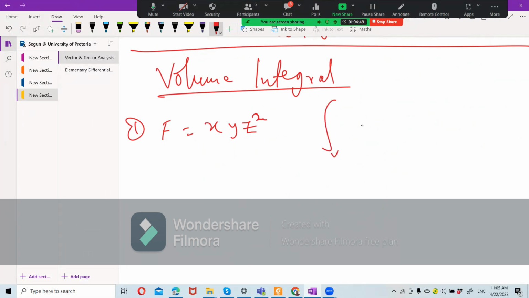Now we are asked to find the integral of F dV.